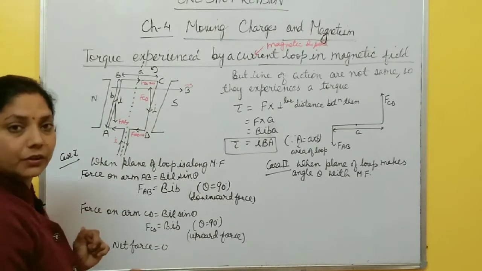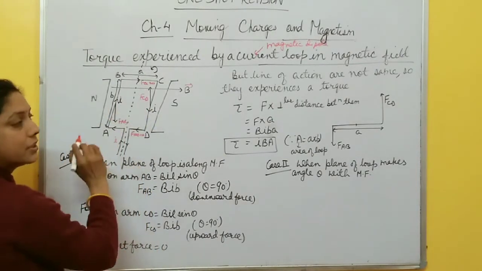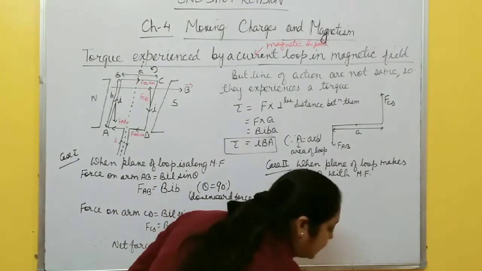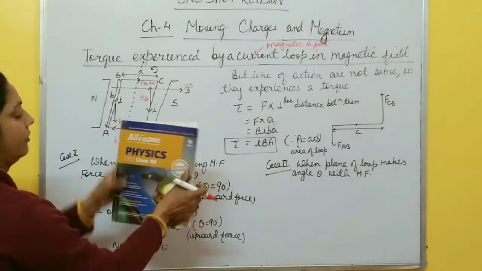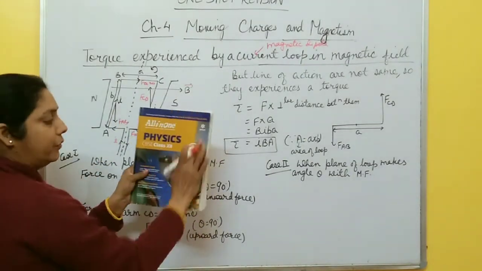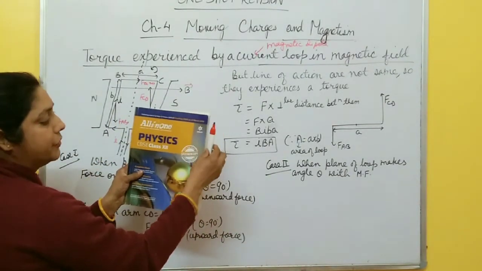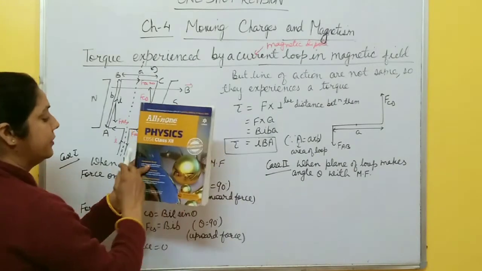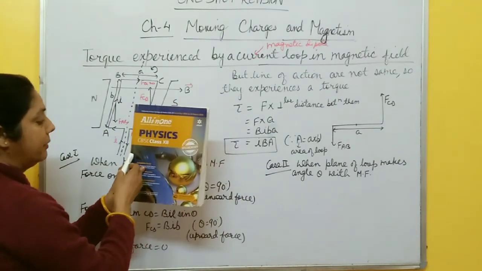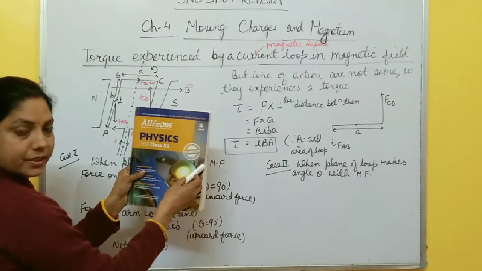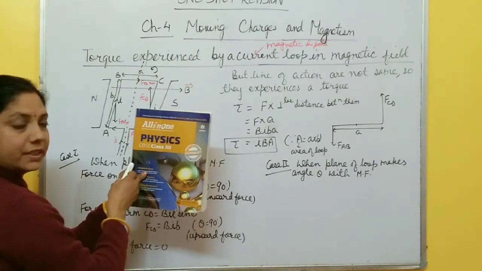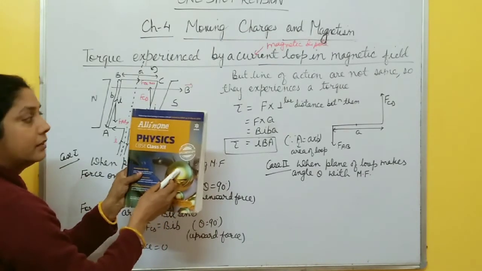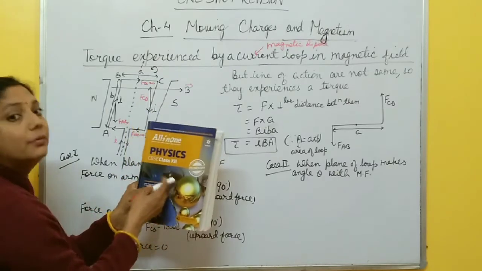But is there any torque? Because line of action is not the same. This is a rectangular coil, right? On this side force is in upward direction and this side force is in downward direction, but the line of action is not the same. This is a different point, this one is a different point. So it experiences some torque.